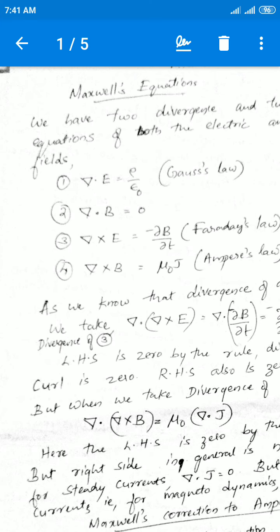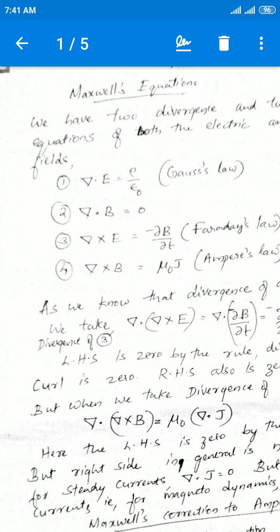Like electric charge plus q and minus q can occur separately, a north pole or south pole cannot occur separately. North pole along with south pole will always be there. That is what del dot B is equal to 0 means.